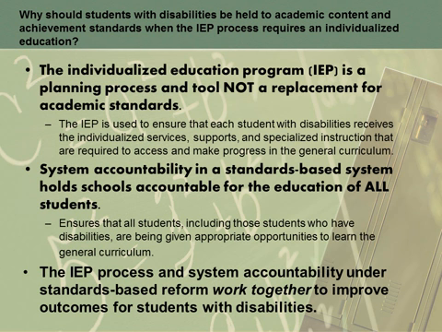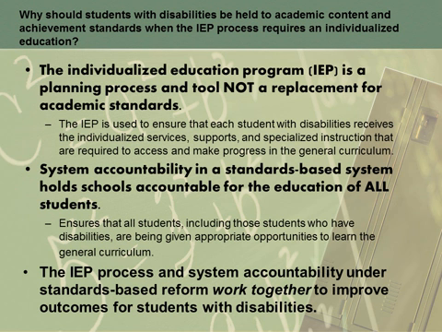So if we consider the broad range of needs within the learning environment found among children with disabilities and found among those children who are typically developing, it's fair to ask why we should expect students with disabilities to be held accountable to general academic content and achievement standards when the IEP process is supposed to be an individualized education plan.